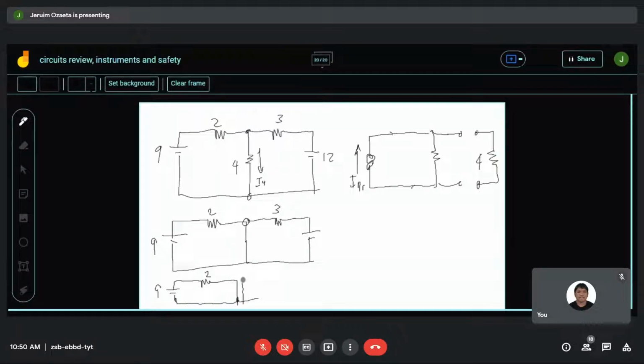So what will the current here be? The current here will be the current from the 9 volt source plus the current at the 12 volt source.